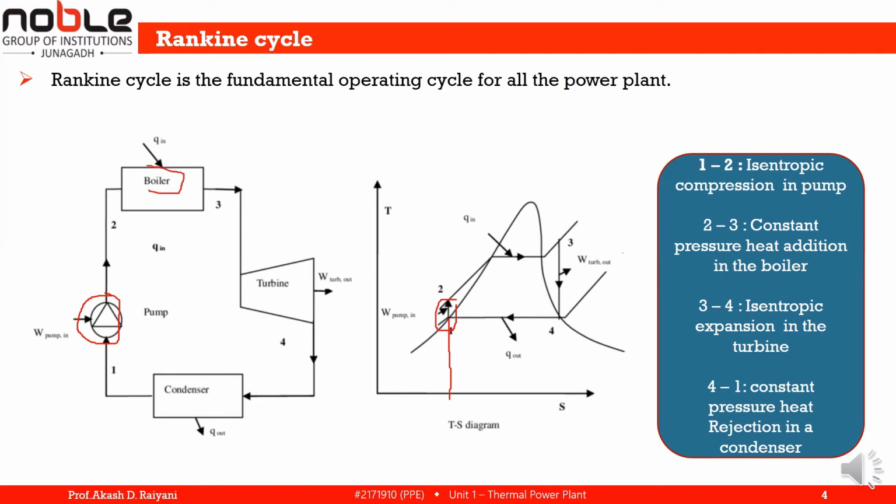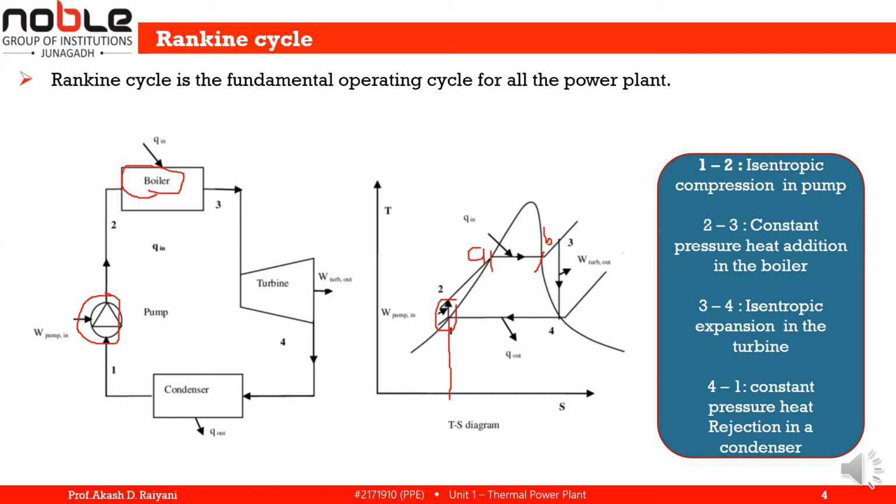Second one is the boiler. In the boiler, steam production takes place. It is a constant pressure heat addition process. It is represented on the TS diagram with the 2 to 3 process. If we mark point A and point B on the saturation curve, then there are 3 processes. During the 2 to A process, sensible heat is added and during this process, temperature is increasing.